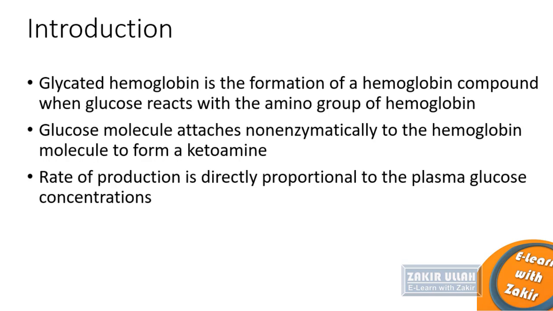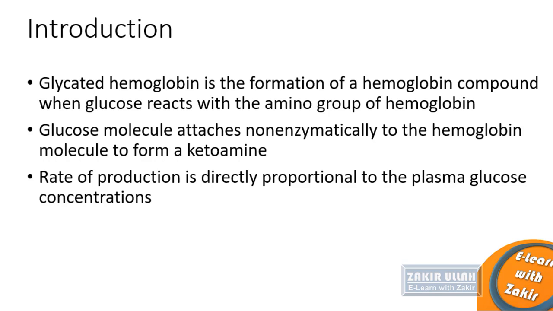In this glycation or glycosylation, there is a relation between the plasma glucose quantity and the rate of glycosylation. The rate of glycosylation, or the glycated hemoglobin, is directly proportional to the plasma or blood glucose concentration.